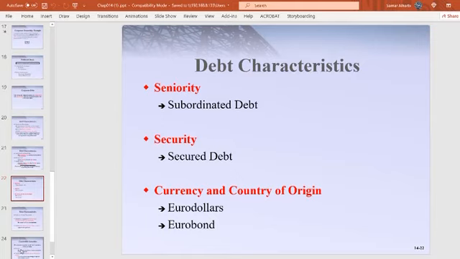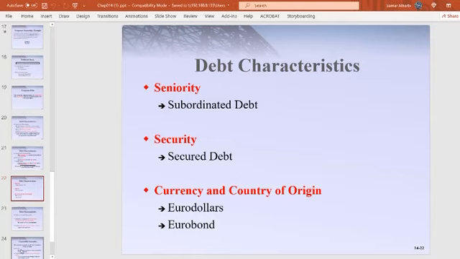A bank gives you $1 million because you have given another asset. The bank is like saying, okay, if you do not repay my loan, I will sell this asset. Yes, so it is like a collateral, secured in case of default. Okay, so this is what is meant by security.